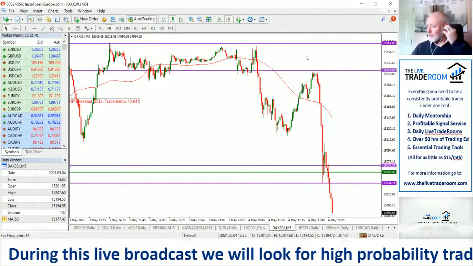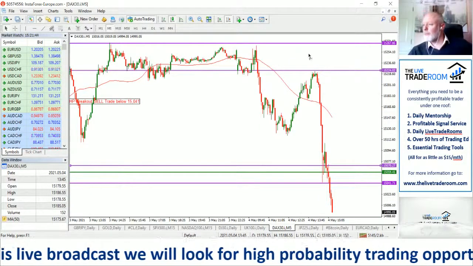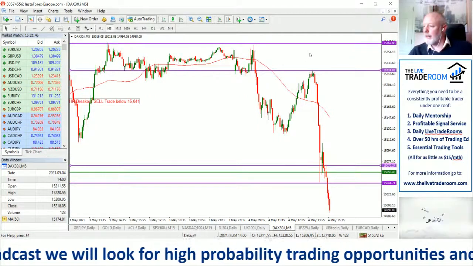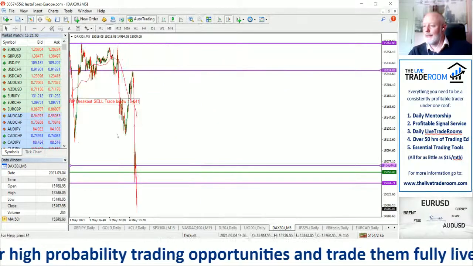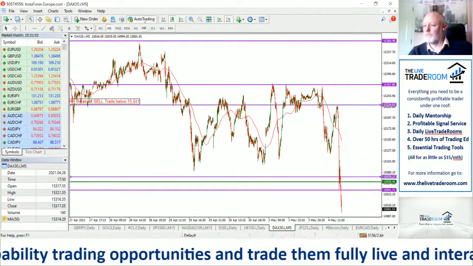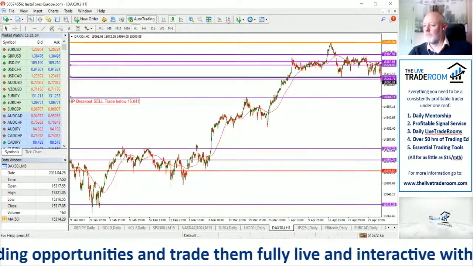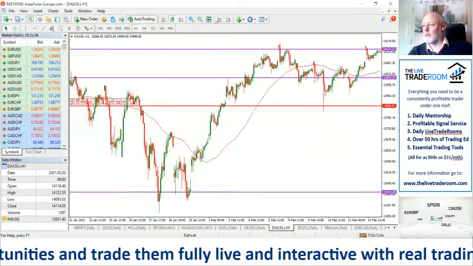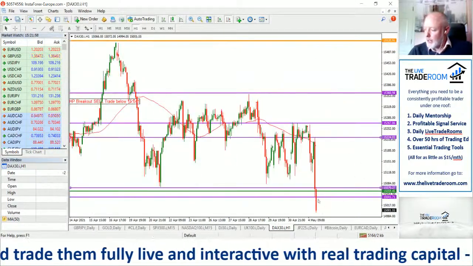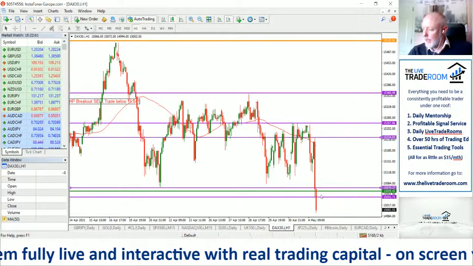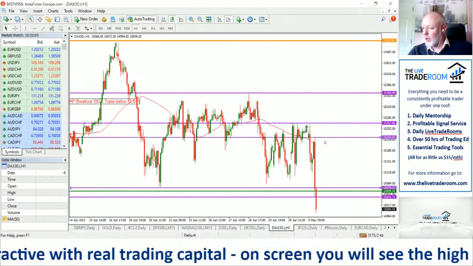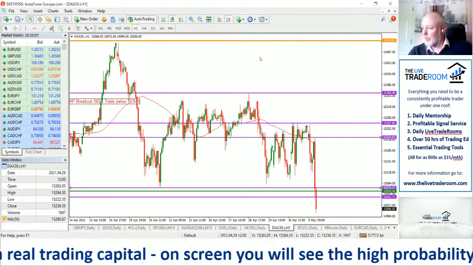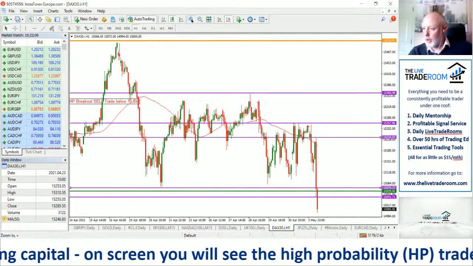That's almost twice what our normal stop loss would be for a trade in the DAX. So there's the trade below the 15,041. We've just got a profitable risk reward issue.